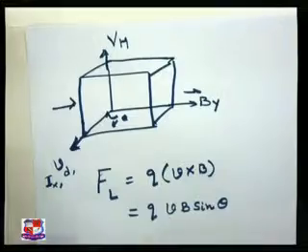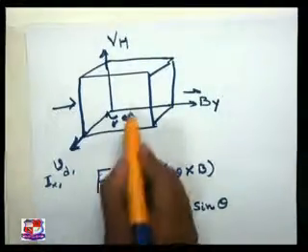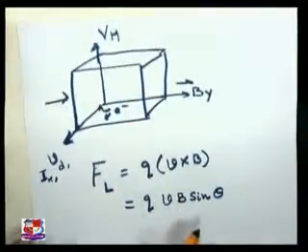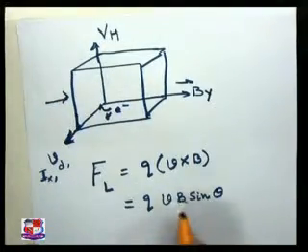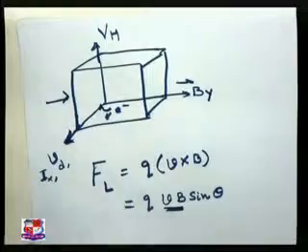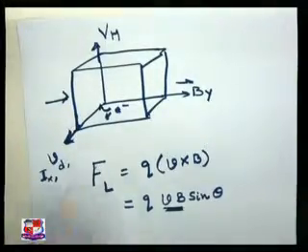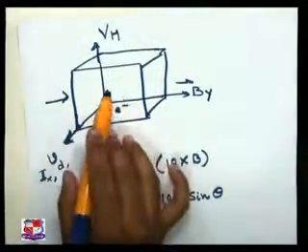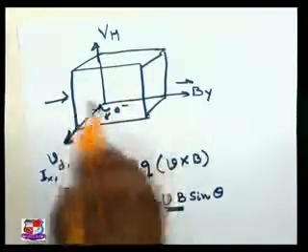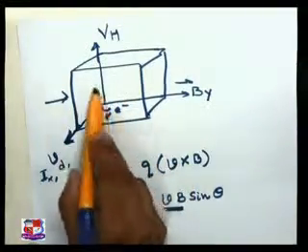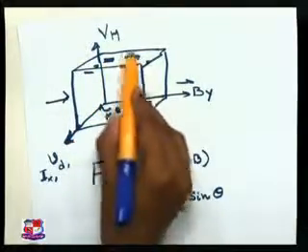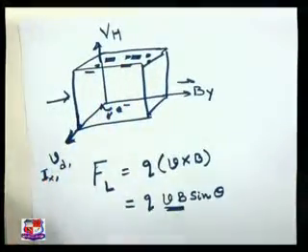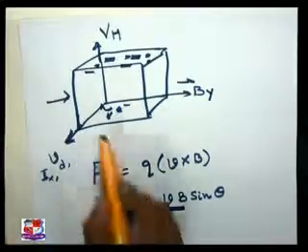Whenever the electron experiences a Lorentz force, it will move into another direction, and due to the cross product, after some time at the equilibrium position, all the electrons are accumulated at the top of the material.